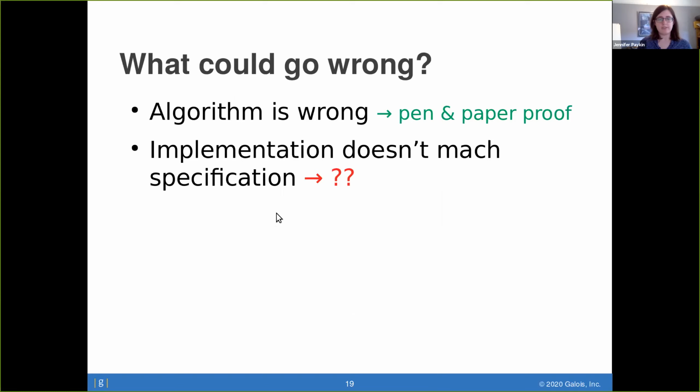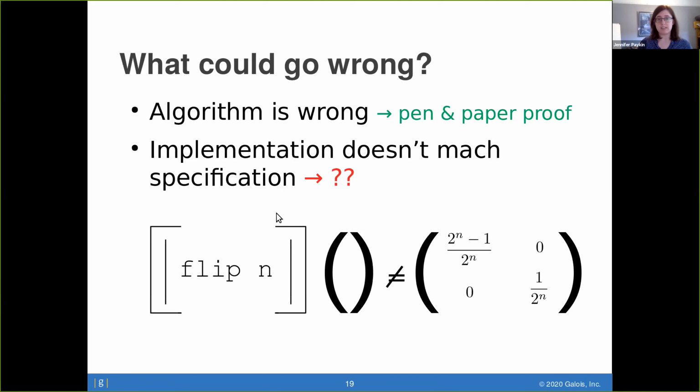And we also have formal methods for classical programs. So essentially saying that the implementation doesn't match the specification is saying that we've written down a program, which we've called flip, and it turns out that it is not actually achieving the specification, that it doesn't produce this density matrix. It doesn't produce this probability distribution that we think that it should.